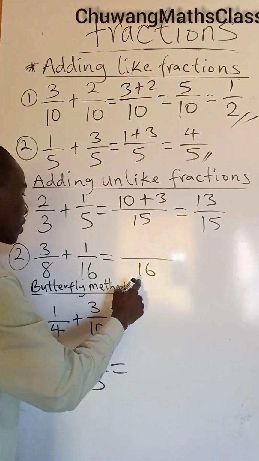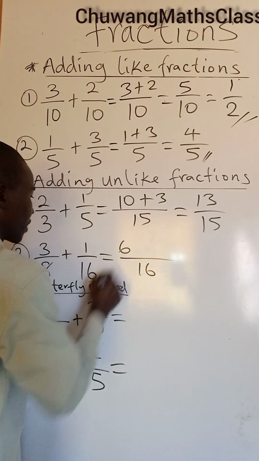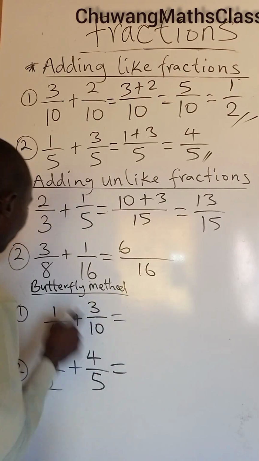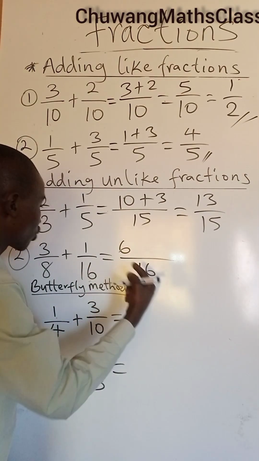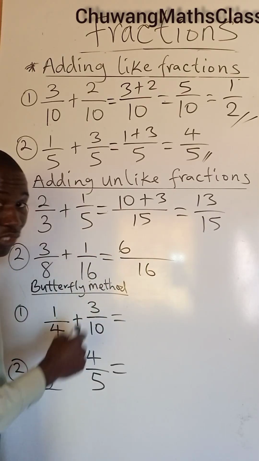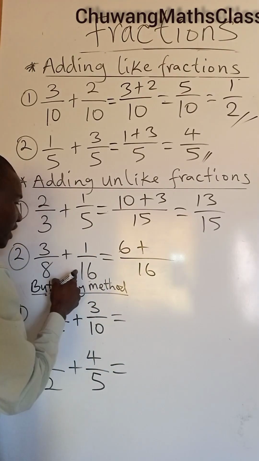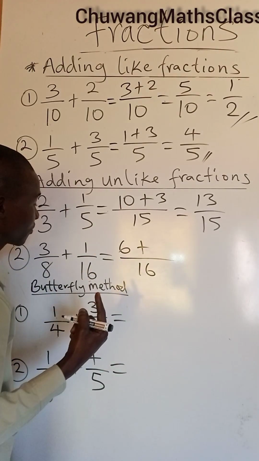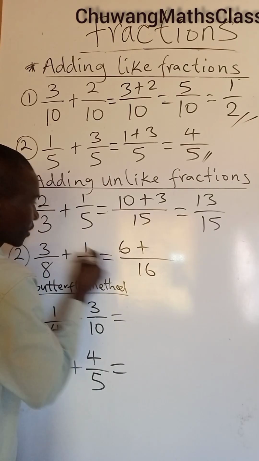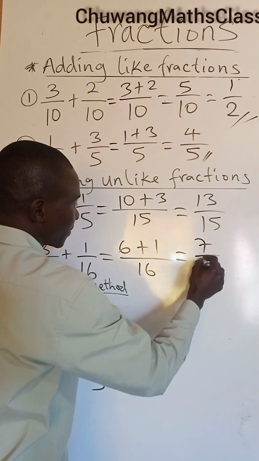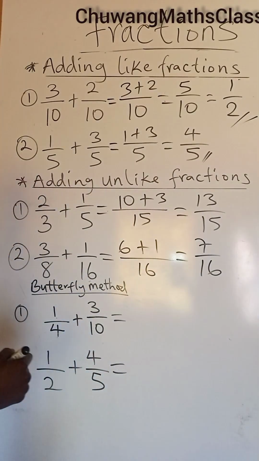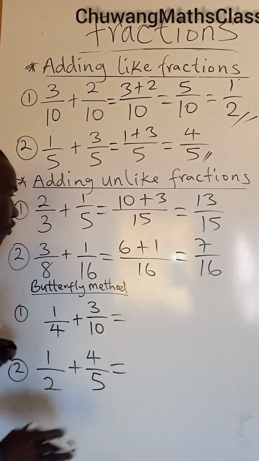Let me do it again. I say 8 into 16 is 2 times, right? So the 2 times 3 is 6. Plus 16 into 16 is 1 time. So 1 times 1 is 1. So our answer is 7 divided by 16. And this is a proper fraction already.